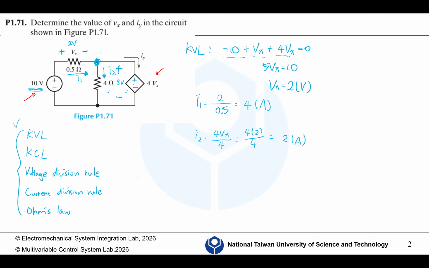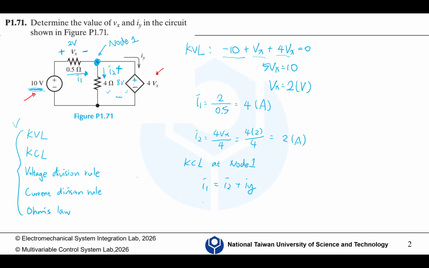Suppose this is node 1. KCL at node 1: we have the current flowing into the node, I1, equals the current flowing out from that node, which is I2 plus Iy.